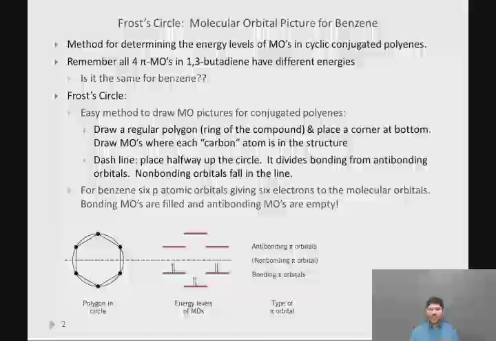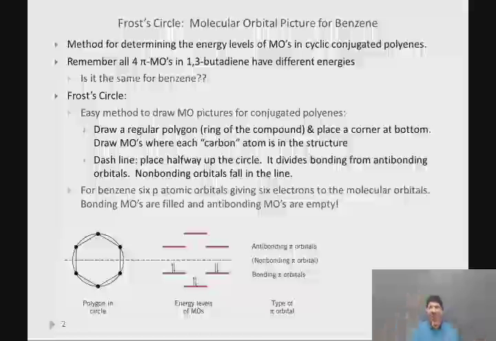What that means is that we have 4 different energy levels for the 6 molecular orbitals. Psi1 is going to have the lowest energy, but then there are 2 orbitals, Psi2 and Psi3, that are strictly degenerate. They have the same energy. Above that are 2 more molecular orbitals, Psi4 and Psi5, that have the same energy.